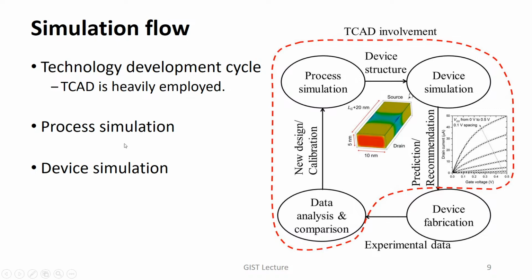After that, under the given device structure, whether that structure can give us the desirable current level or not, or sufficiently low leakage level or not, is estimated by this device simulation.